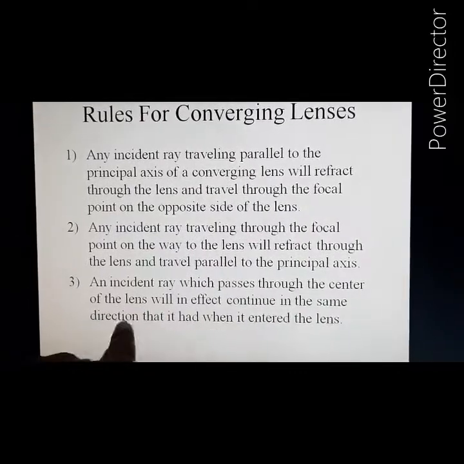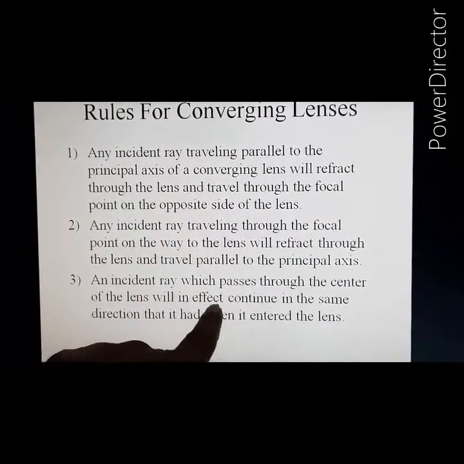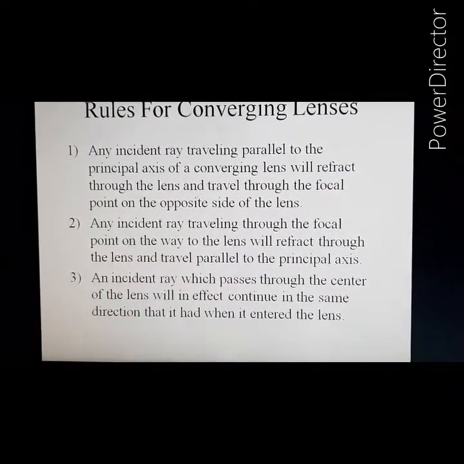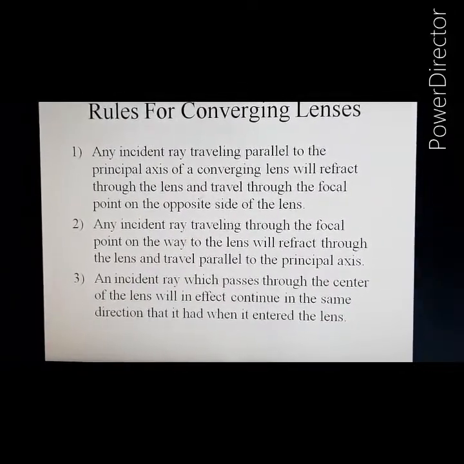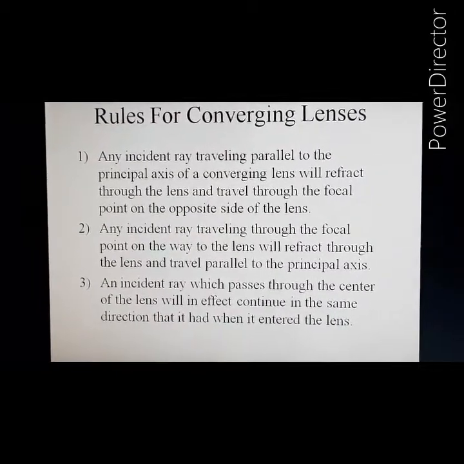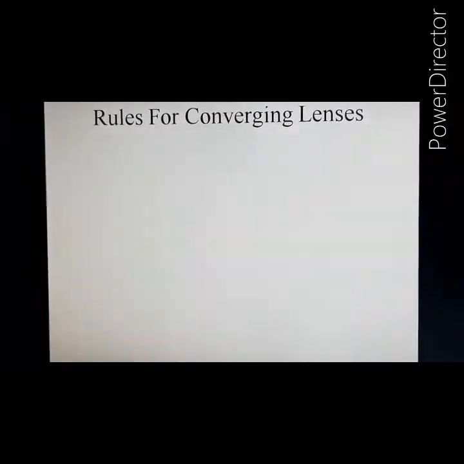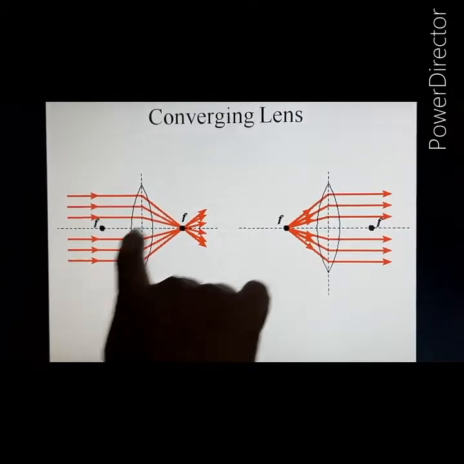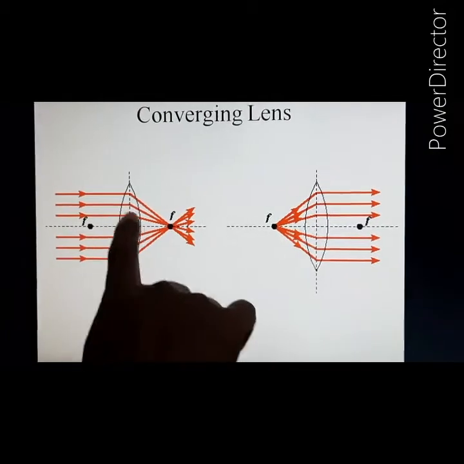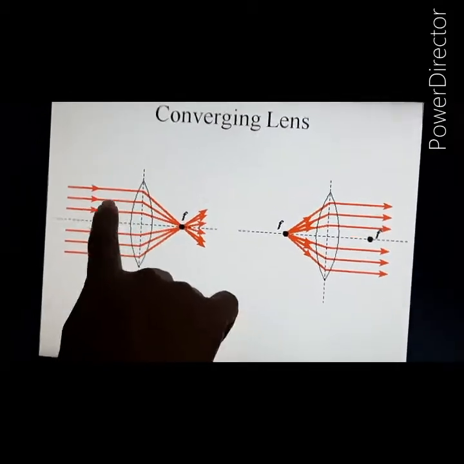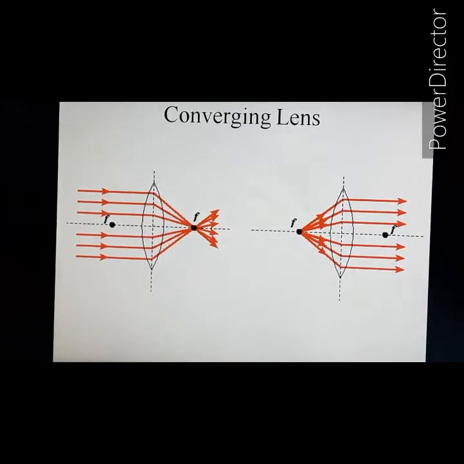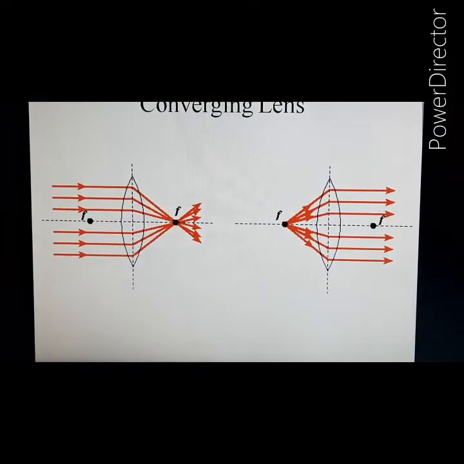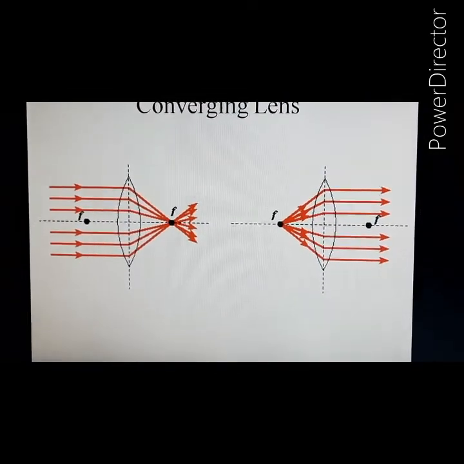Whatever light passes through the optic center will not deviate, because at the optic center position, the light ray which comes in any direction will not bend, because at this angle it is acting as 90 degrees. We have studied that at a 90 degree angle the light ray will not deviate. So that is a rule.